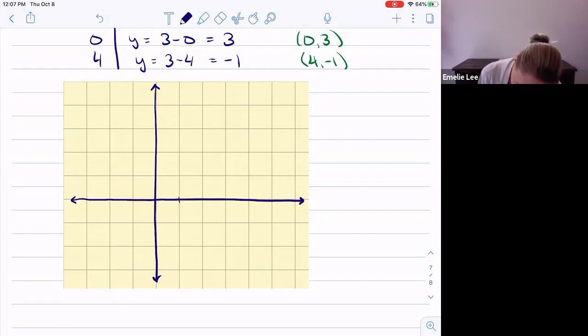So here I've got 1, 2, 3, 4, 5, 6. Negative 1, negative 2, negative 3. 1, 2, 3, 4. Negative 1, negative 2, negative 3.